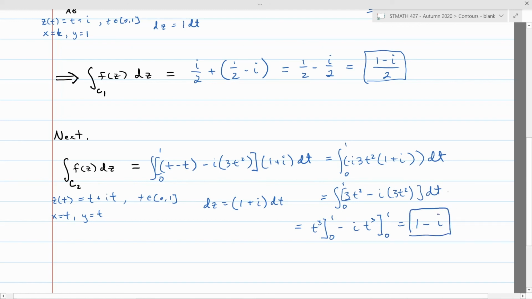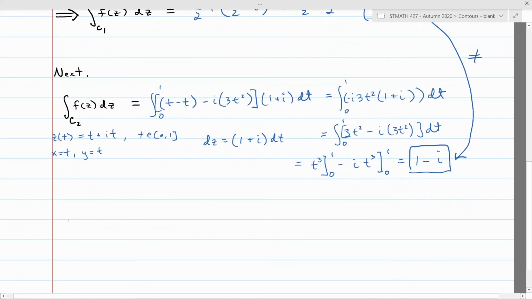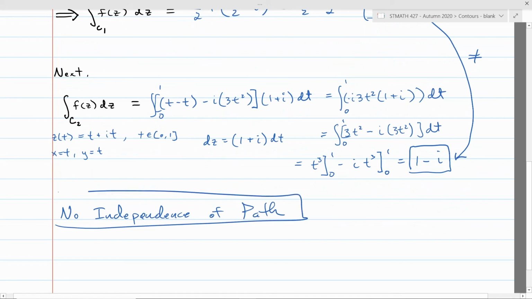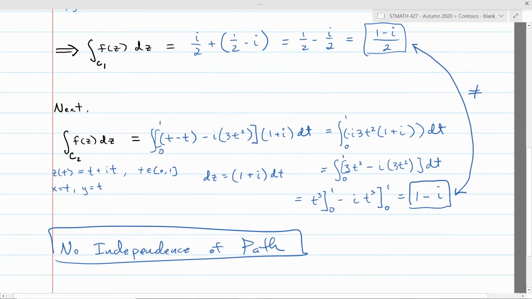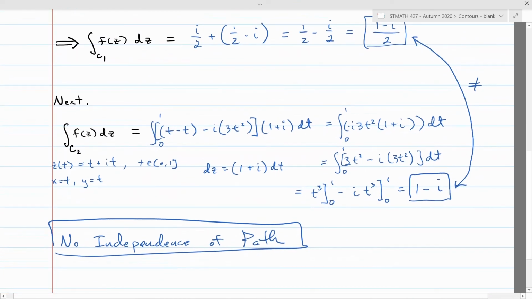And so, anyway, notice these answers do not match. So here we do not have independence of path, because we have 2 different paths. We're integrating the same function, the same f of z, going from the same initial point to the same terminal point, but we get 2 different answers.